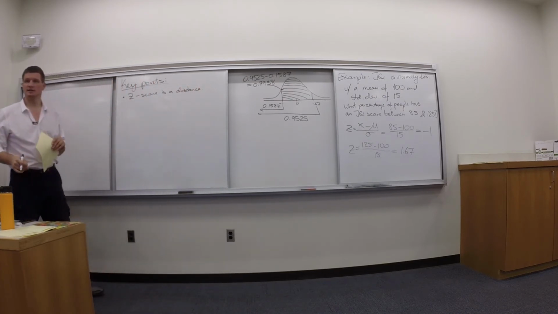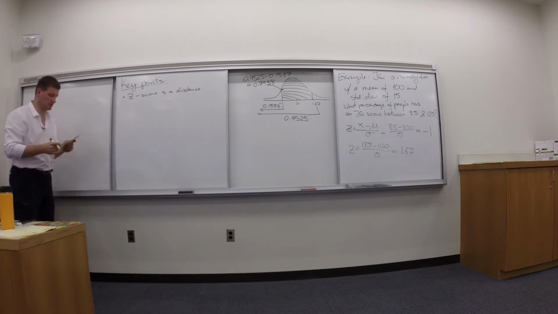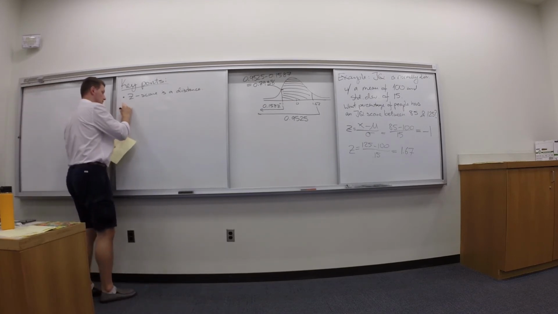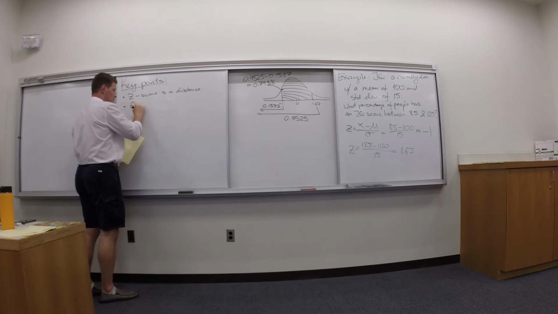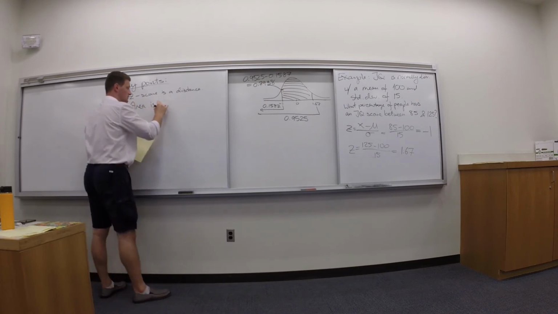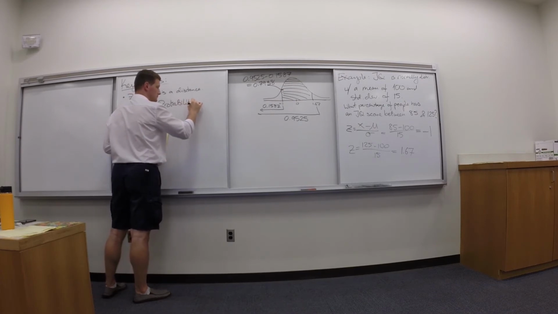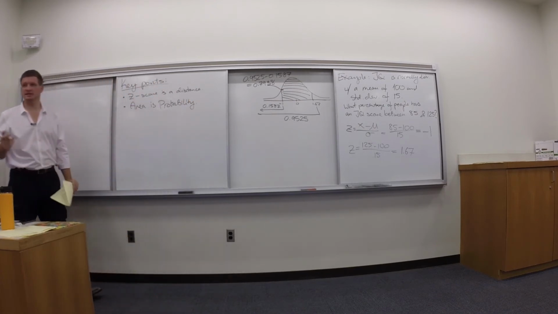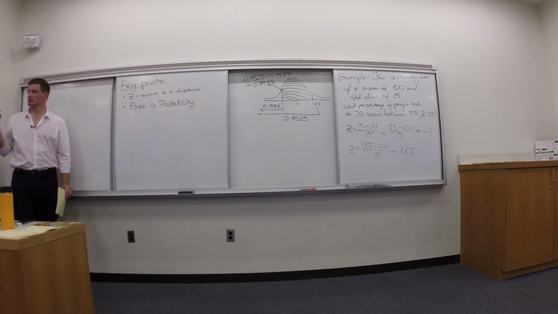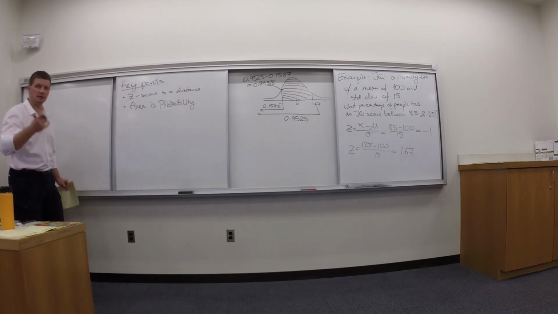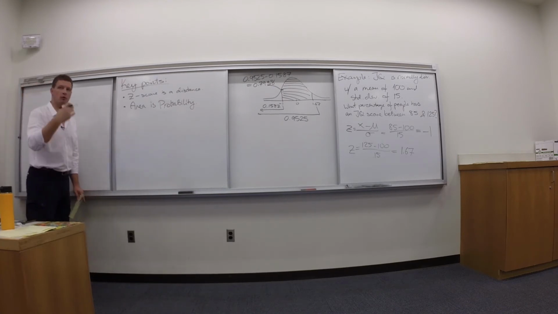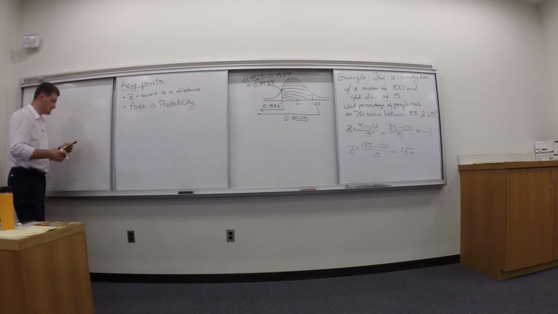What kind of distance? It's how many standard deviations you are away from the mean. Two, area is probability. We forced the standard normal curve so we can make the area equal to 1, so we can equate it to probability. So area is probability.